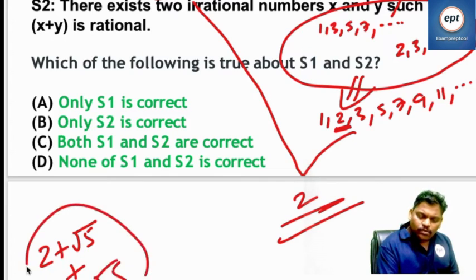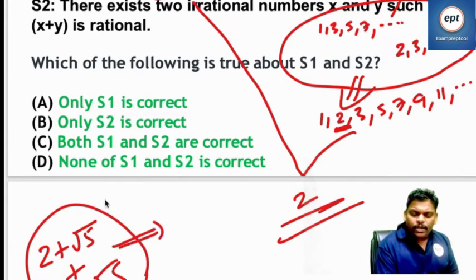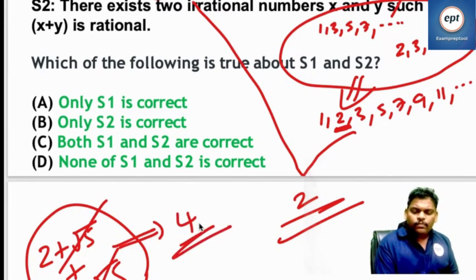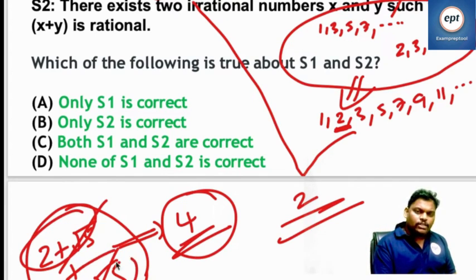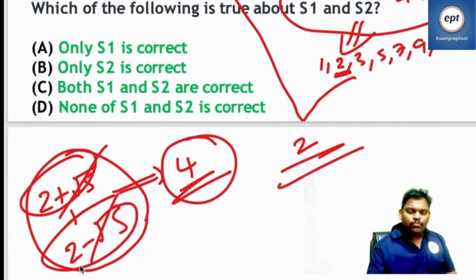If you add both of them, these are irrational numbers. Plus root 5 minus root 5 cancel. It became 4. It is a rational number. Two irrational numbers, if you add, the result became rational.